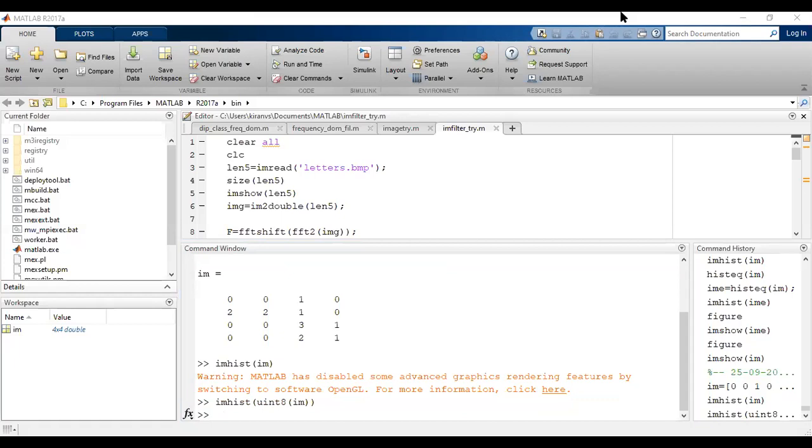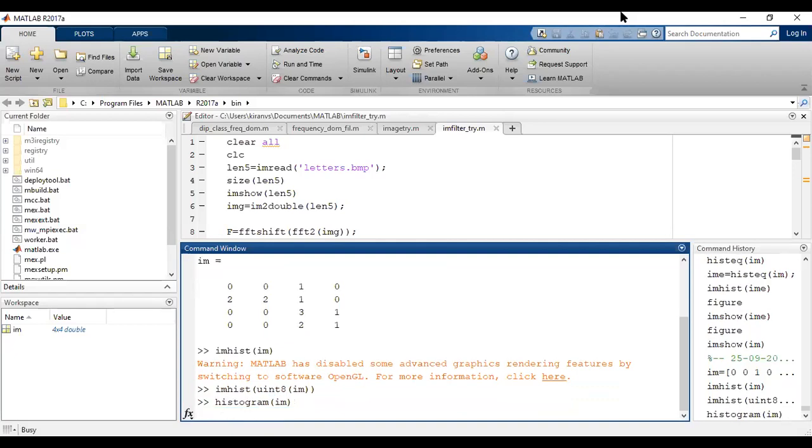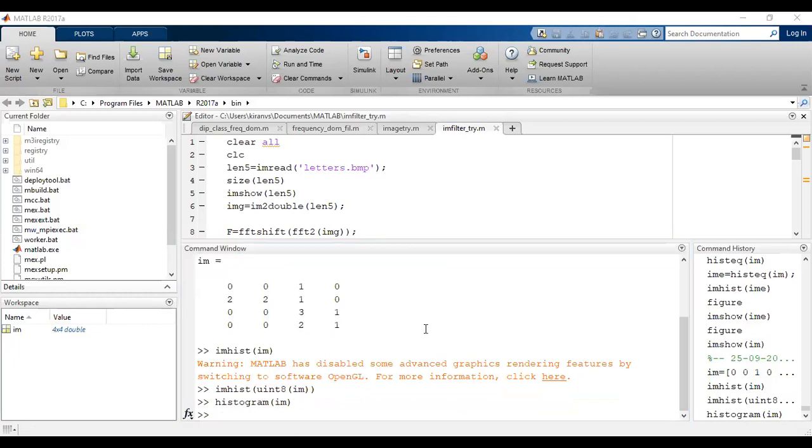Let me use the command histogram because the data type is not an image. That's why I'm going for the command histogram. There I have the histogram.